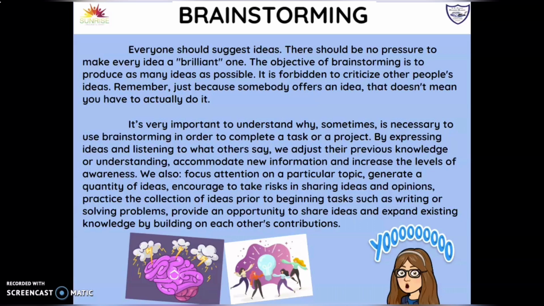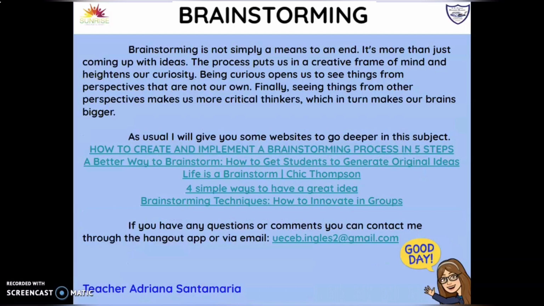I don't know if I made myself clear with that, but brainstorming gives you a little bit of a blueprint of how you're going to do things, okay? It's also important to understand that brainstorming contributes to building up your own knowledge by getting ideas from other people. So brainstorming is not simply putting ideas out there. It's more than just that.